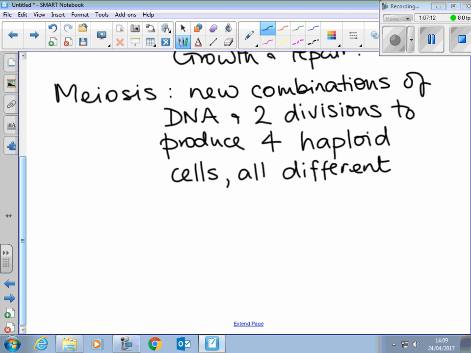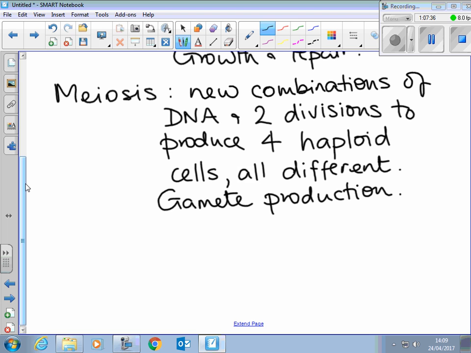They're all different from each other, and this is gamete production. Gametes are egg cells and sperm cells. And the purpose of that, of course, is to produce cells with a single set of chromosomes, so when you bring 2 together, you then restore the pairs.